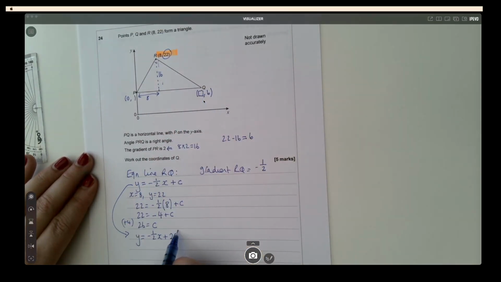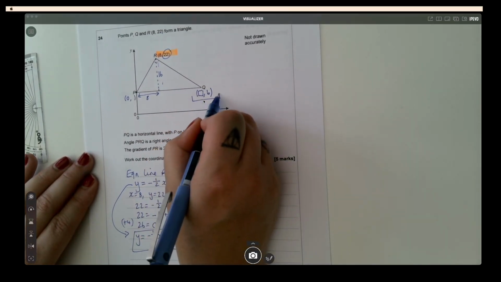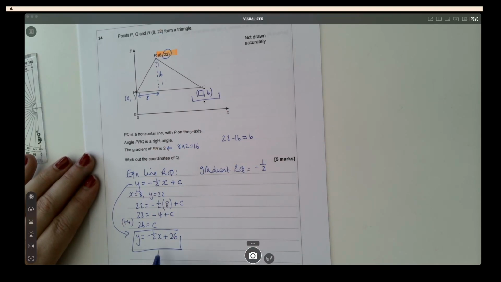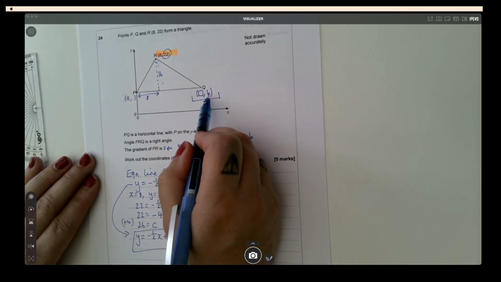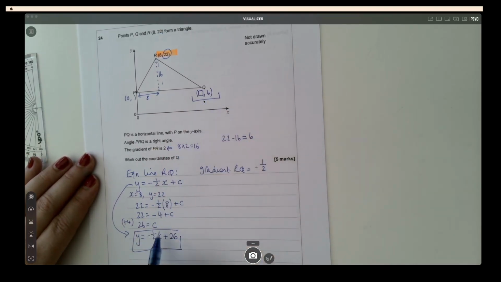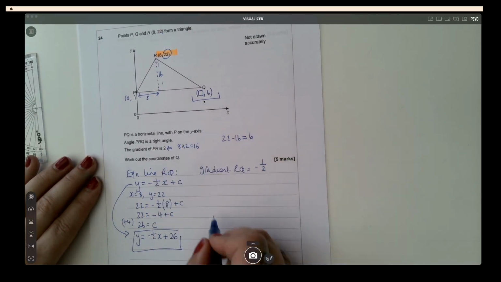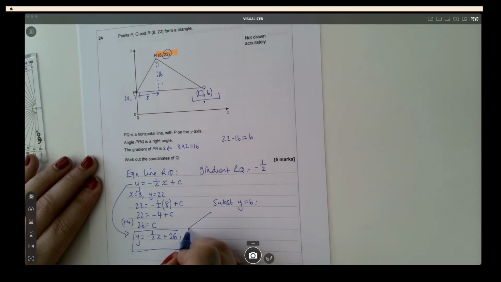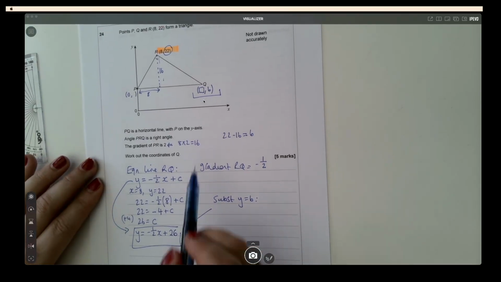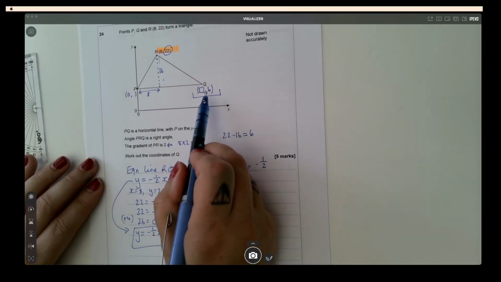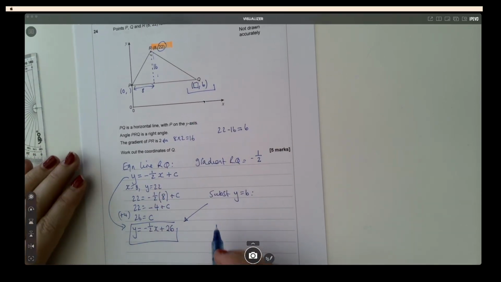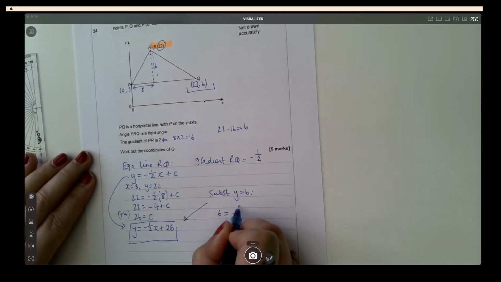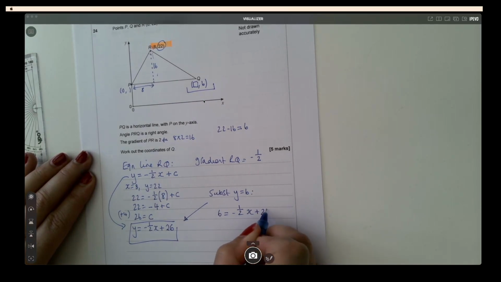So now we can use this equation and the part of the coordinate we know for Q to find out the x coordinate. We know what the y value is. We're looking for the x value to complete that coordinate. So we're going to substitute y equals 6 into this equation here, because we know Q's got a y coordinate of 6. So 6 equals -1/2 x add 26.